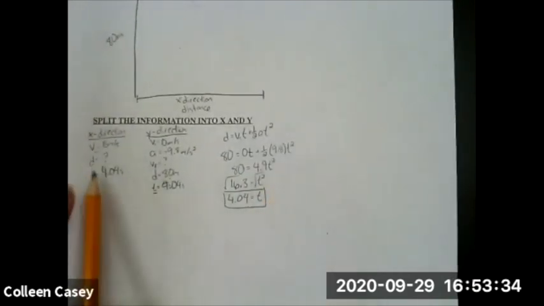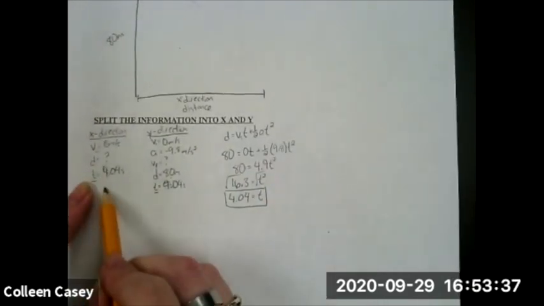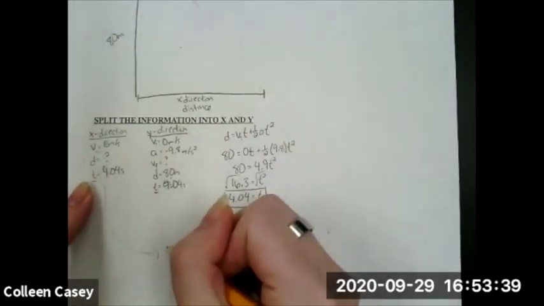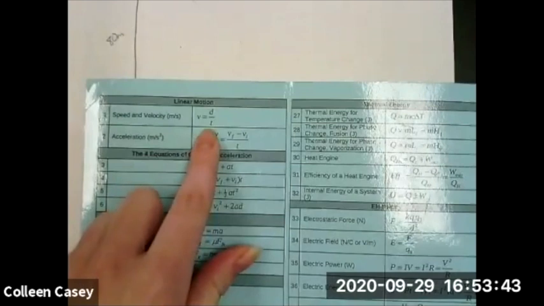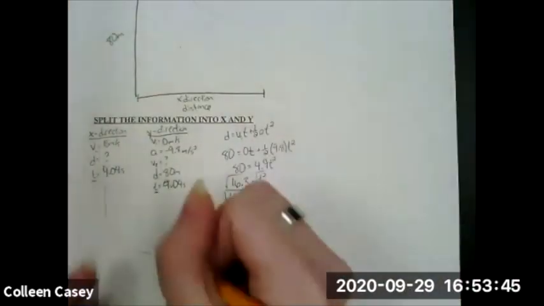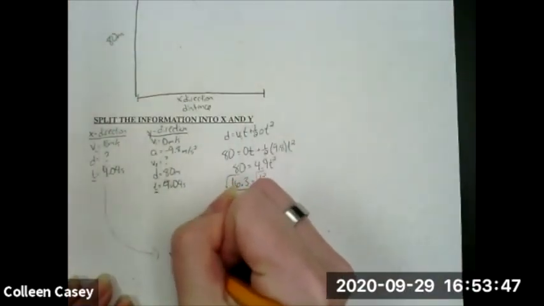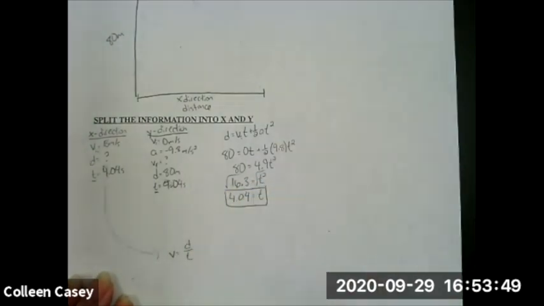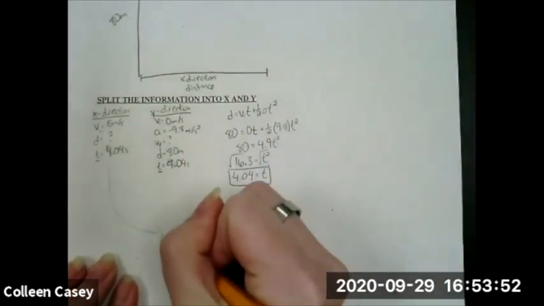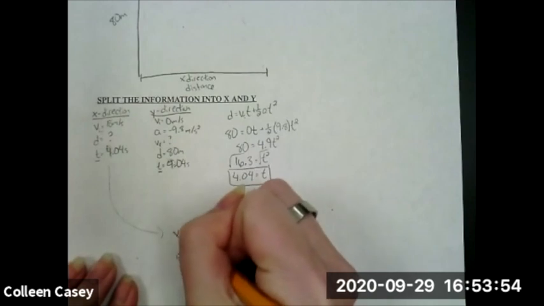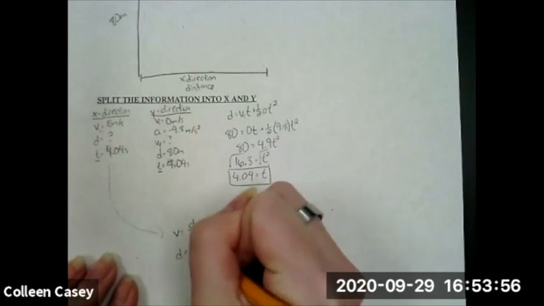So I am looking for x direction distance, and I'm going to use the equation from before, v equals d over t, or we can rearrange this. It is the same as saying distance equals velocity over time.